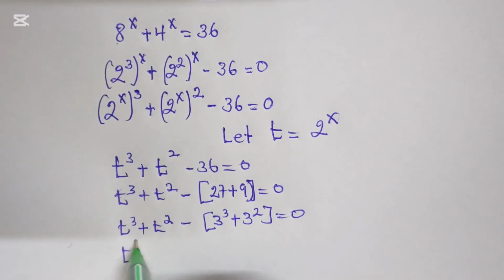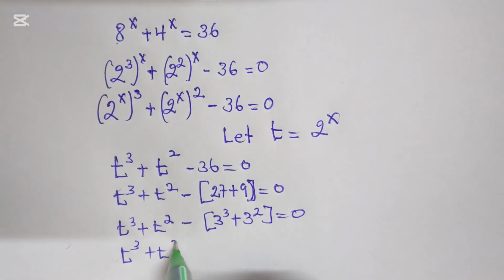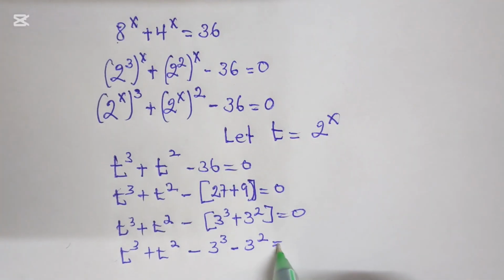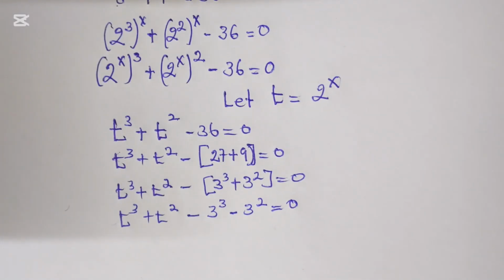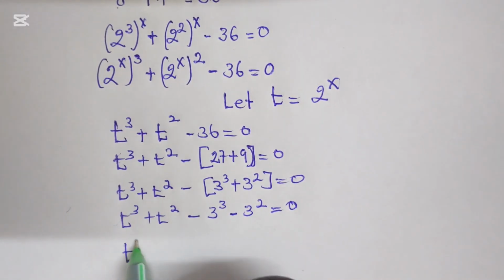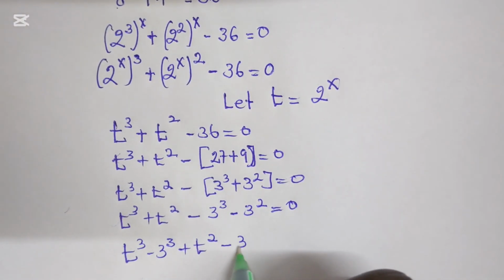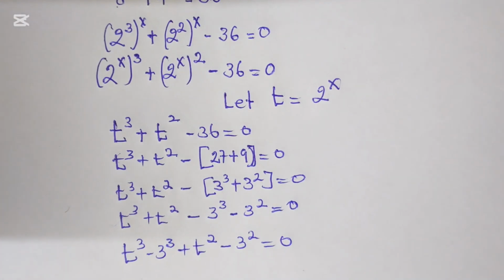Then t power 3 plus t squared minus 3 power 3 minus 3 squared equals 0, since 27 is 3 power 3 and 9 is 3 squared. Then t power 3 minus 3 power 3 plus t squared minus 3 squared equals 0.